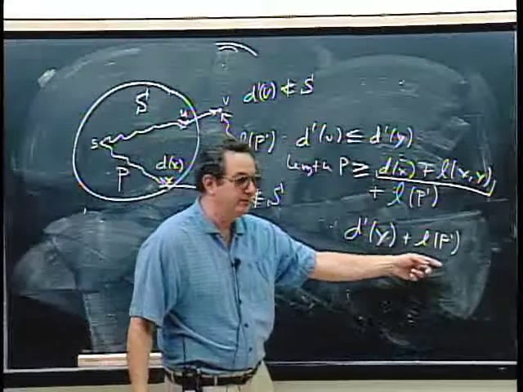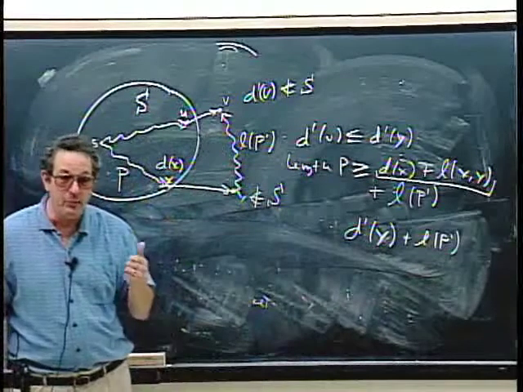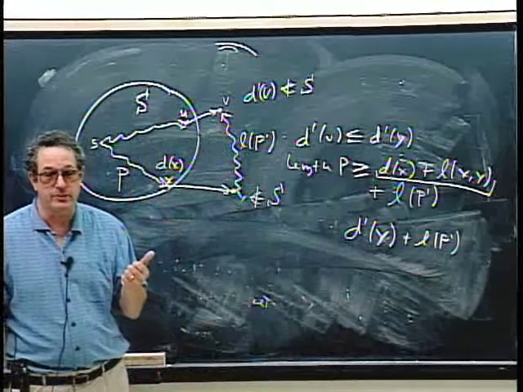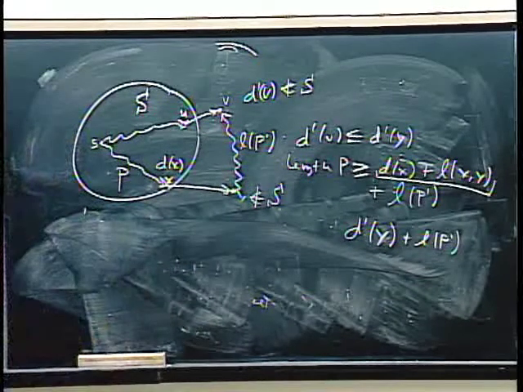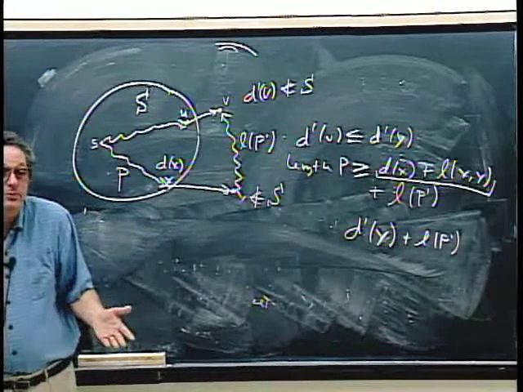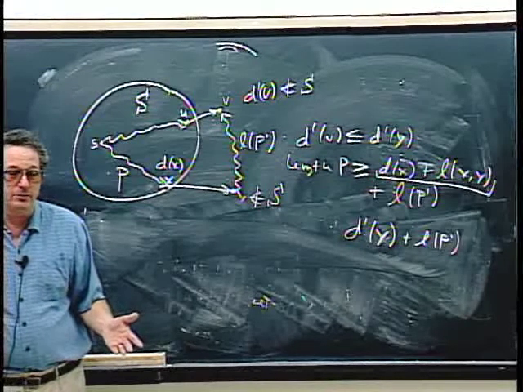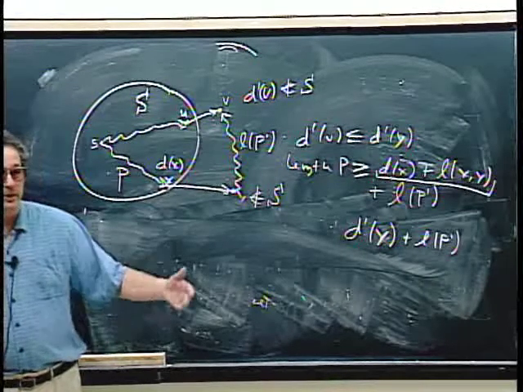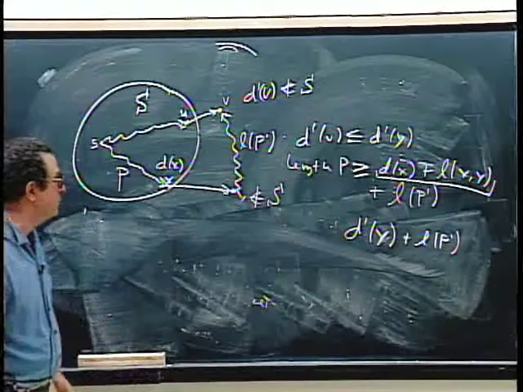It can't be negative because there are no negative weight edges in this graph. And by the way, this is the first time we've ever used that assumption. I said initially that in Dijkstra's algorithm we assume that there are no negative weight edges, but we never used that assumption up until this point. And it's a critical distinction. I mentioned that Dijkstra's algorithm is faster than general algorithms for shortest paths, so we better use it somewhere.